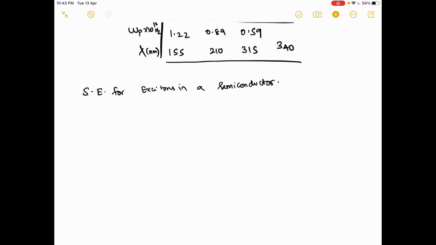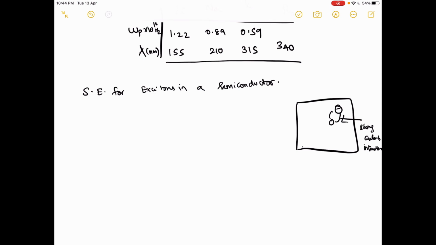What we are talking about is, let's say we have a material here, and then you have an electron and a hole bound by strong Coulomb interaction, right?